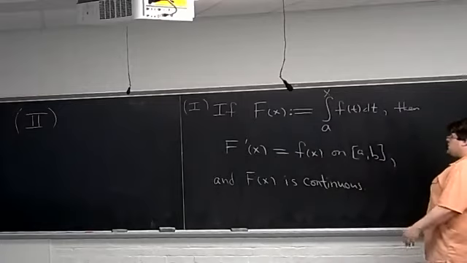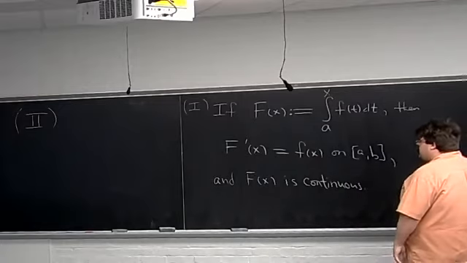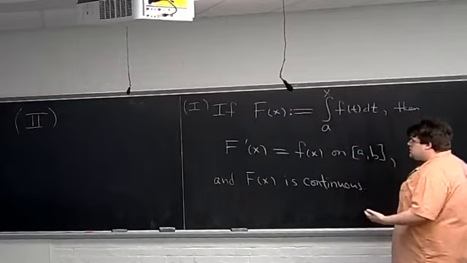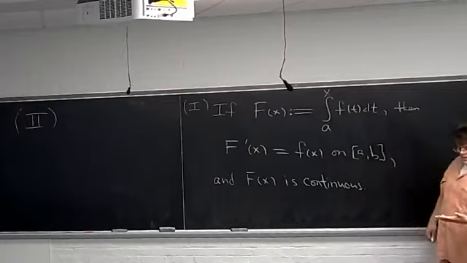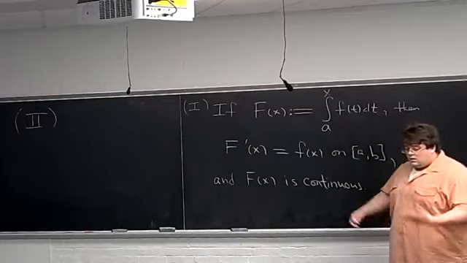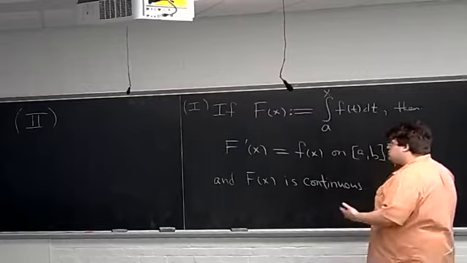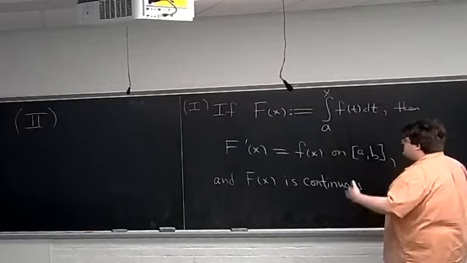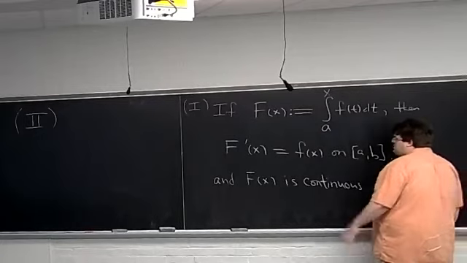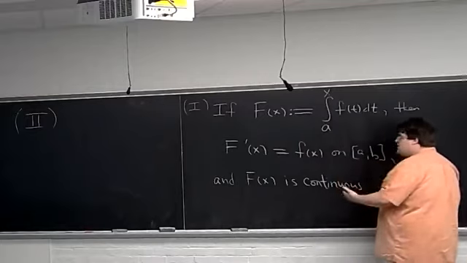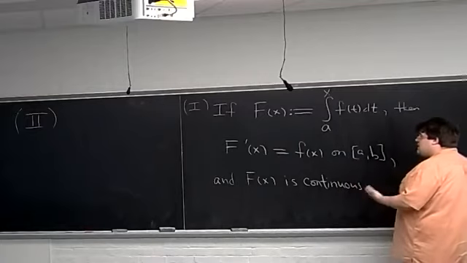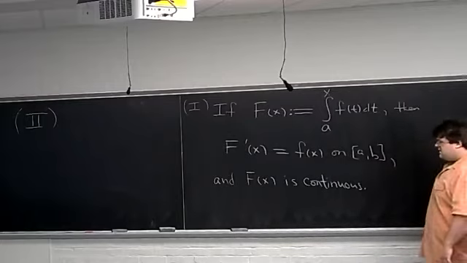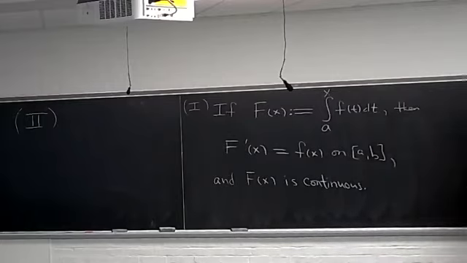So one consequence is that given a continuous function, an antiderivative definitely does exist. It fills in a large hole in our antiderivative computation. This line here says all continuous functions have an antiderivative, even if none of our rules apply to that function. Any questions about that first part?